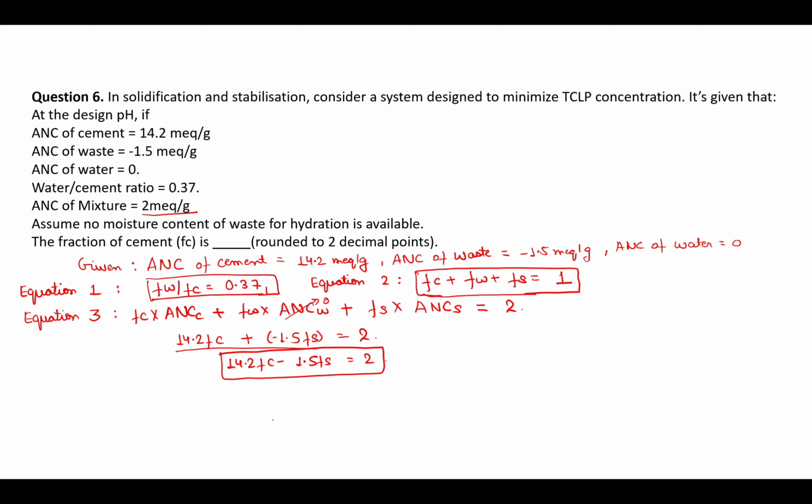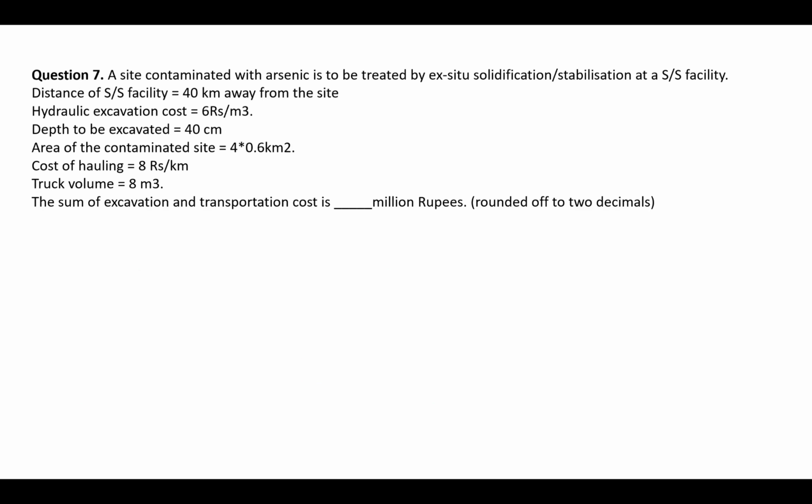So fraction of cement is equal to 0.21. So this is the correct answer. So I hope this question is clear to you all. So now let's move to the next question.